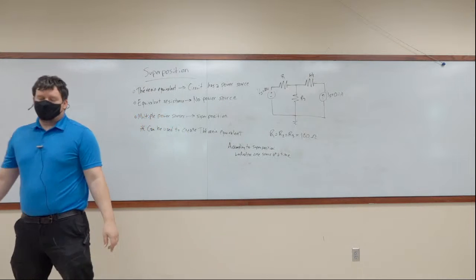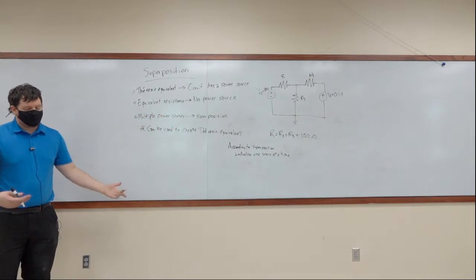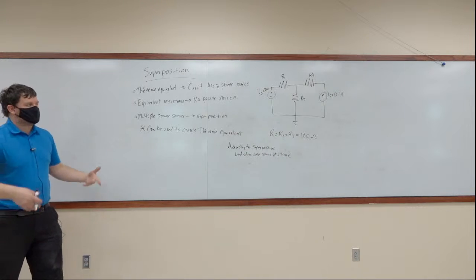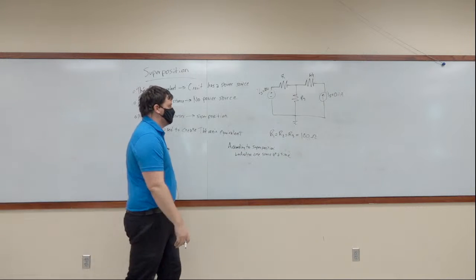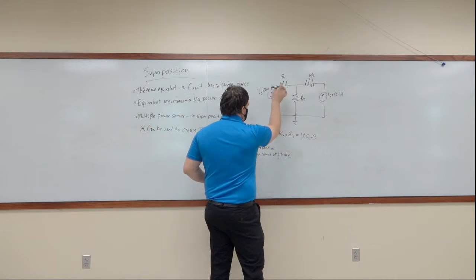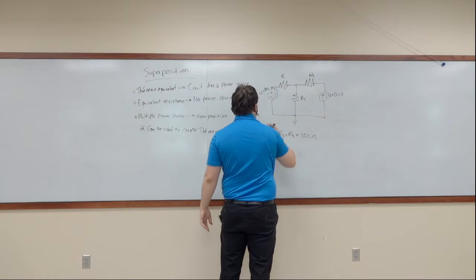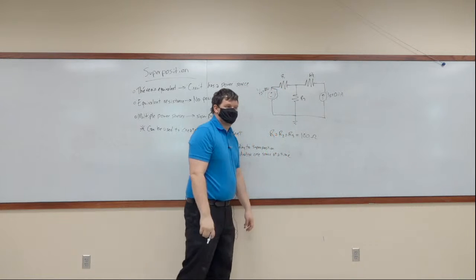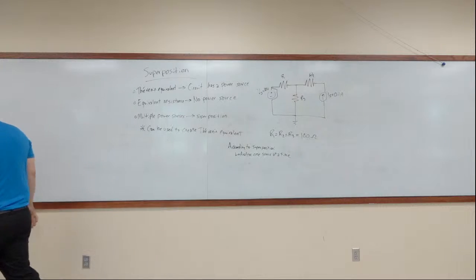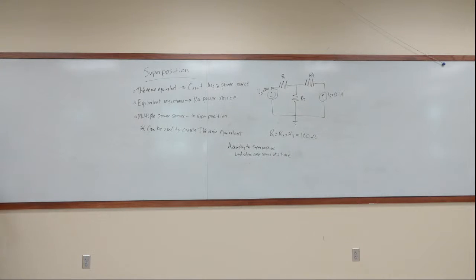Well, we have to take our understanding of open circuits and short circuits and apply that now to how we treat multiple voltage sources, okay? Here, if we just simply treated this as if it was a short circuit, what does that mean?